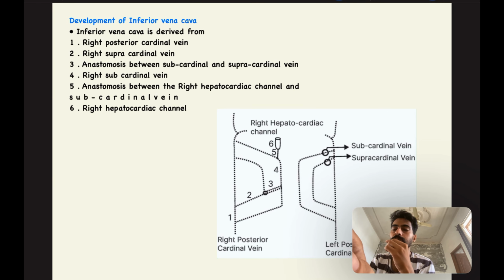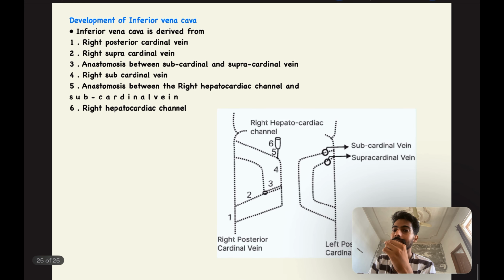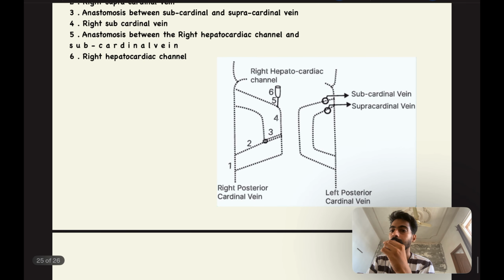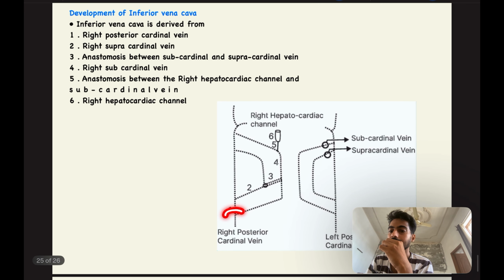So now let's talk about development of inferior vena cava. We will see in this diagram. We have six structures. This is our right and left posterior cardinal vein. Our second structure is the supracardinal vein.